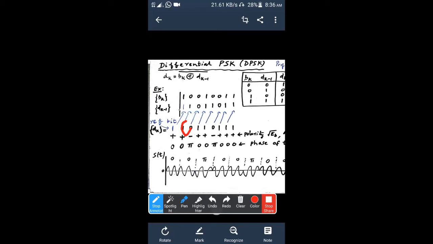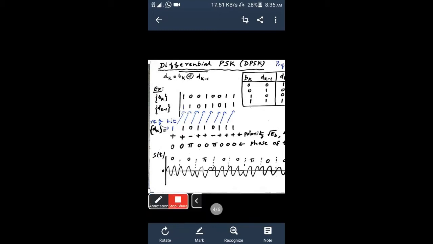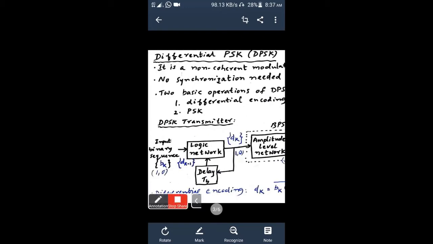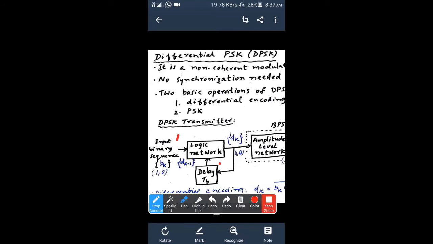That is shown here, 1, 1, 1. Here I gave 1. This is also 1. And the output is also 1. This operation is over. Input is 1, delay is also 1, then it is 1.